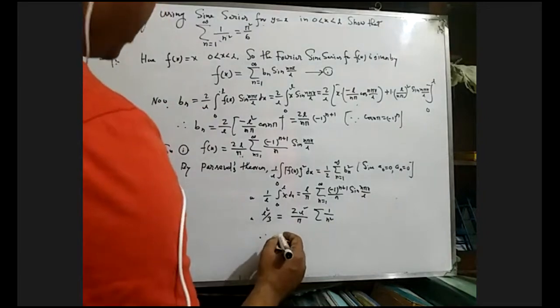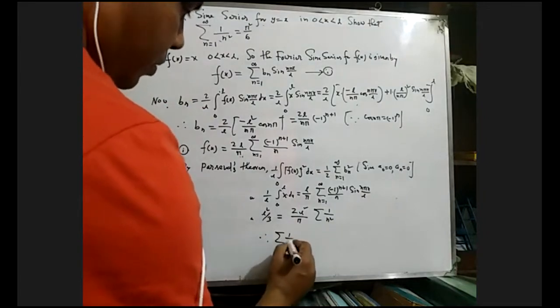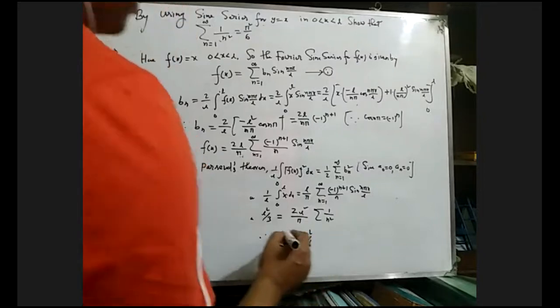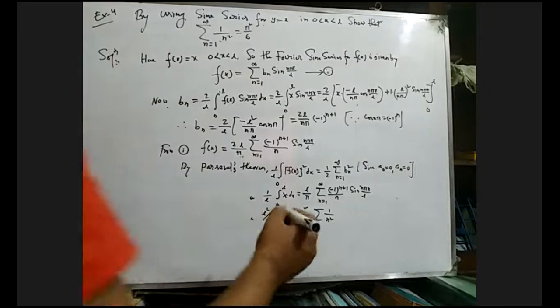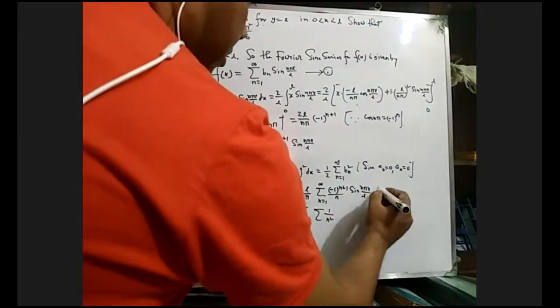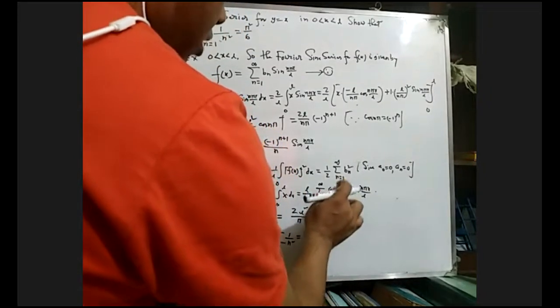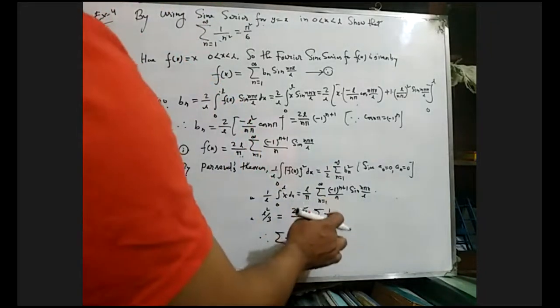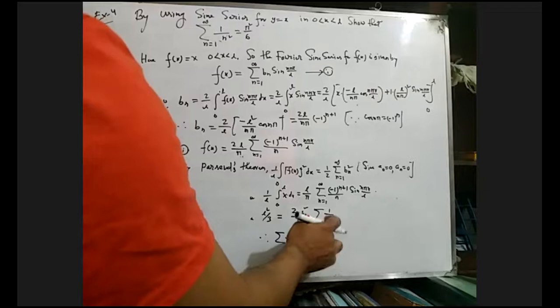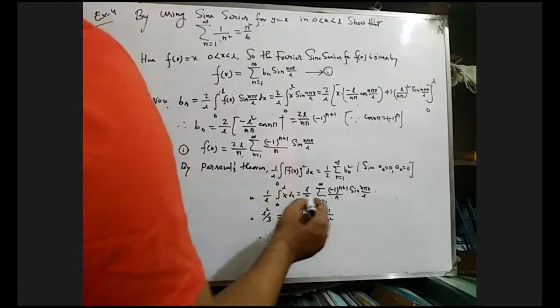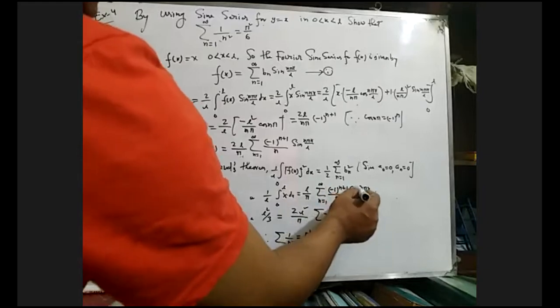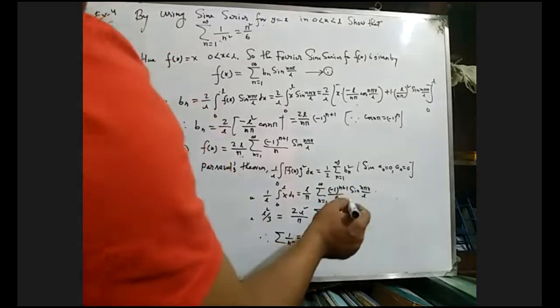So we get summation 1 by n square equals pi square by 6. This is actually the required result. But this series can be written depending on n equals 1, 2, 3, etc. We get this series 1 by n square. Okay, for n equals 1, sin n pi will be 0.